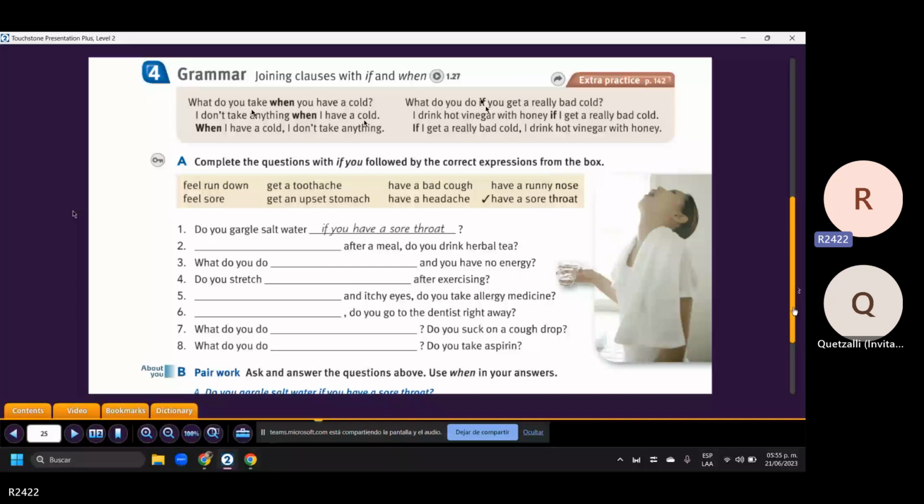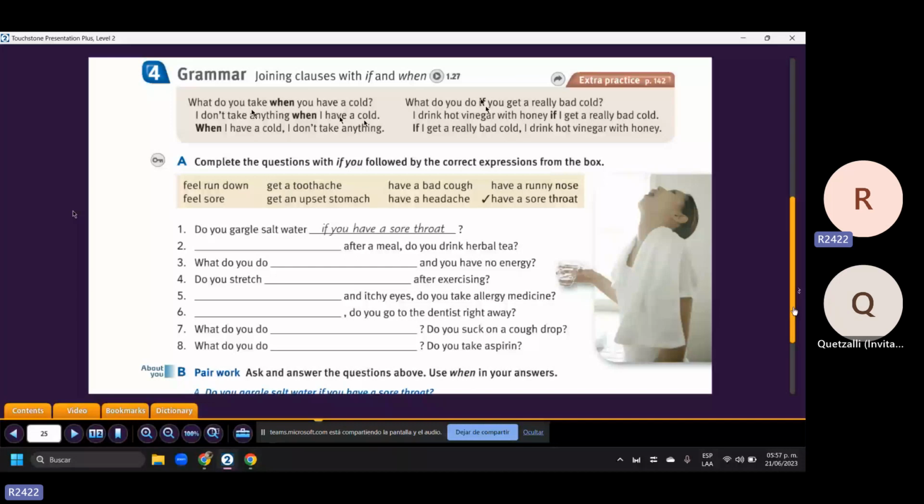So we have a condition and a result. For example, I don't take anything. When I have a cold, that's the condition, and the result is I don't take anything, right? So in this case, it's like a conditional.